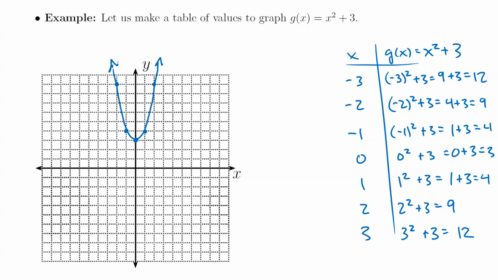What you can see here is that our vertex has not moved from what it was on the previous page in terms of the x value, but it has moved in terms of the y value. So (0, 3) is my vertex. But my axis of symmetry is still x equals 0.